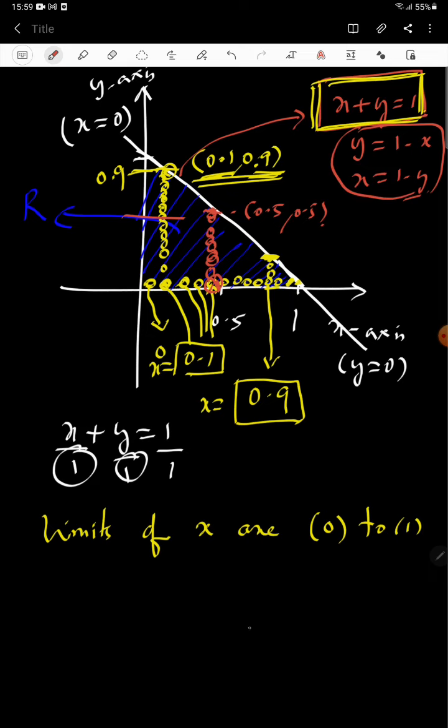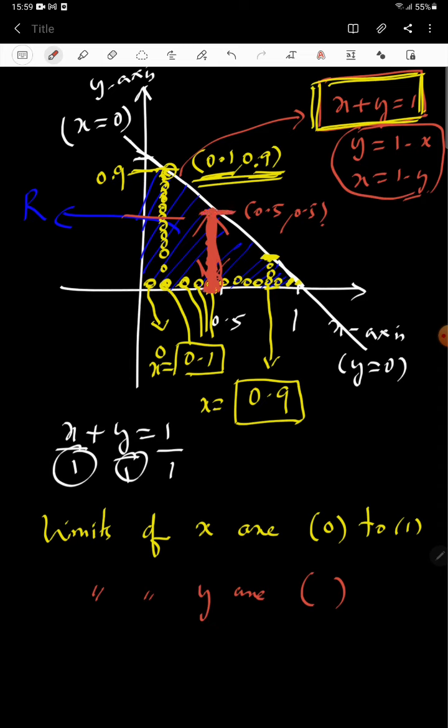What we have understood is that y is changing in this direction, like a strip parallel to the y-axis. When we take a strip parallel to the y-axis, the y limits will be written. So the limits of y start from 0 but end at 0.5, and that 0.5 is nothing but the x value.